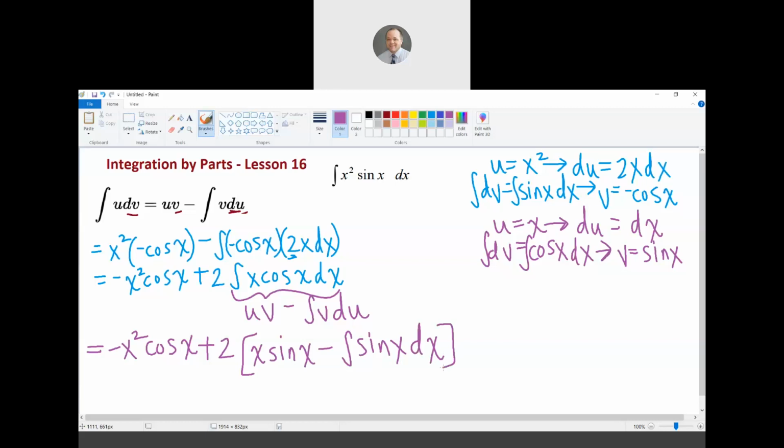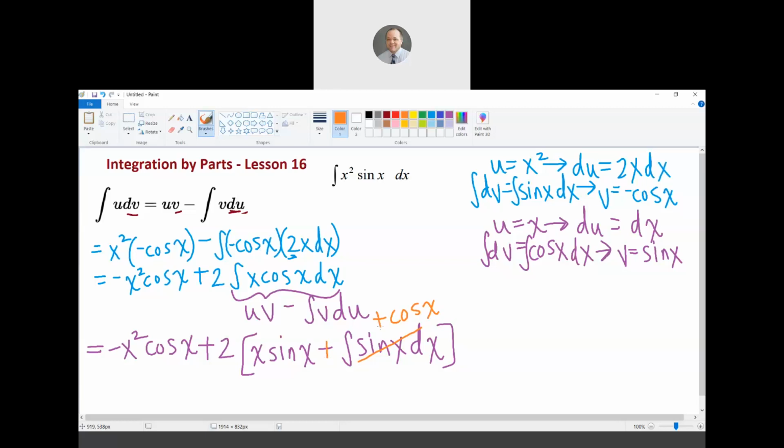Well, now we can find the integral. We know that one. The integral of sine x is negative cosine x. And with this negative sign already outside, a negative times a negative, that will become a positive cosine x now.